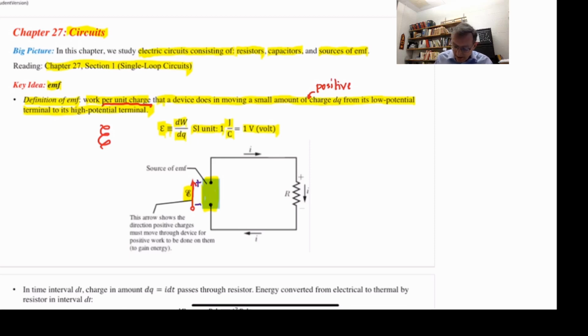You draw that arrow to show the direction positive charges must move through the device for positive work to be done on those charges and thereby to have them gain energy. So as long as you have conventional current, positive charge flow, in the direction of the red arrow for any source of EMF, that EMF is doing positive work and thereby giving energy to your current.